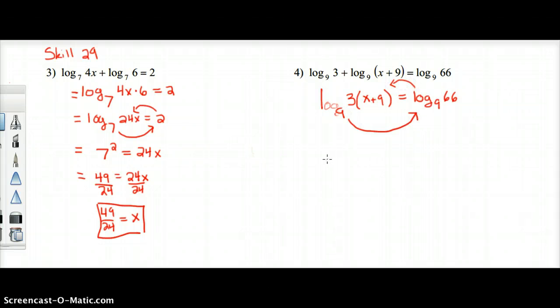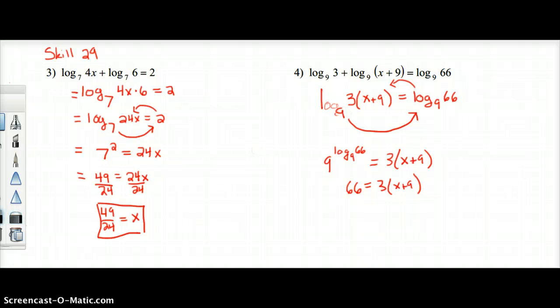So I could think of this as being 9 to the log base 9 of 66. Remember, this entire right side would have to be the exponent, and it's going to equal 3 times the quantity x plus 9. I could do this. And remember, this would simplify. 9 to the log base 9 of 66 would just simplify to give me 66. So I could rewrite this as 66 equals 3 times the quantity x plus 9.